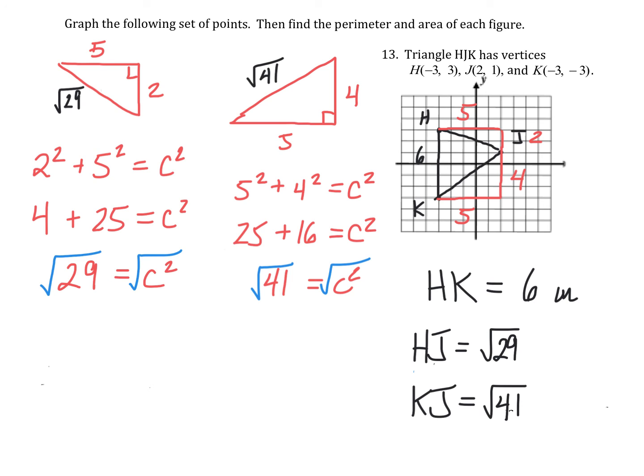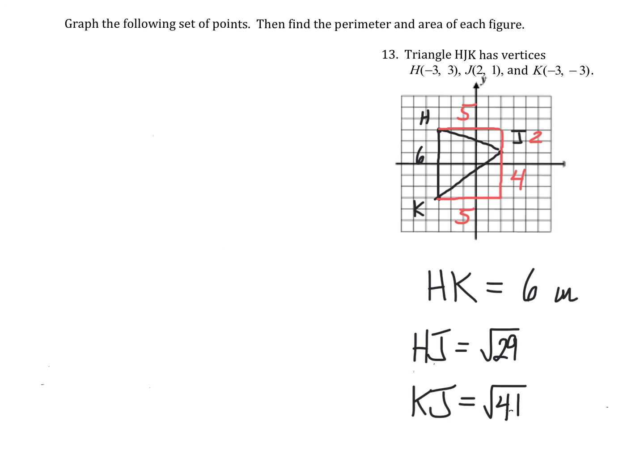Now I want to use this information to figure out my perimeter. To find the perimeter of my triangle, I just need to add up all three sides. So we have 6 plus square root 29 plus square root 41. When I write it out like this, I cannot combine any of my terms.